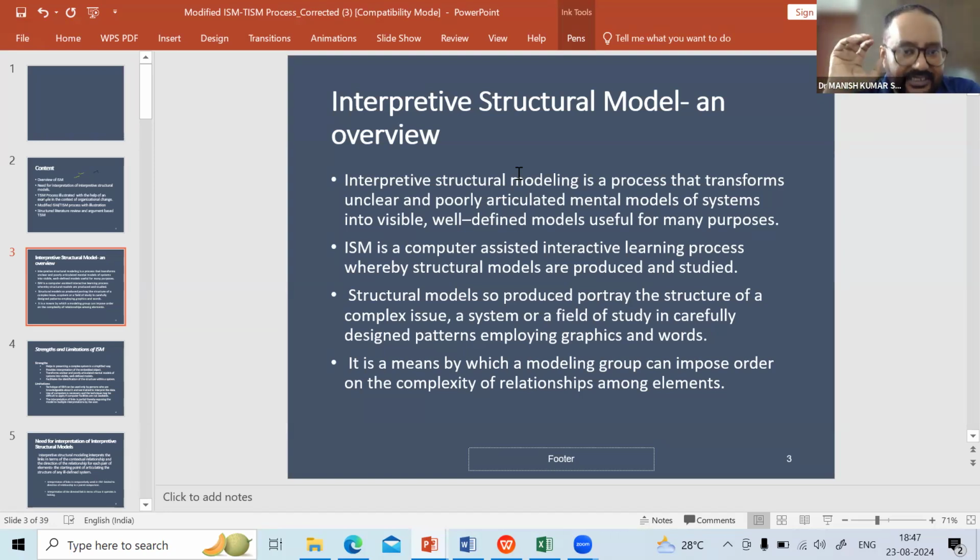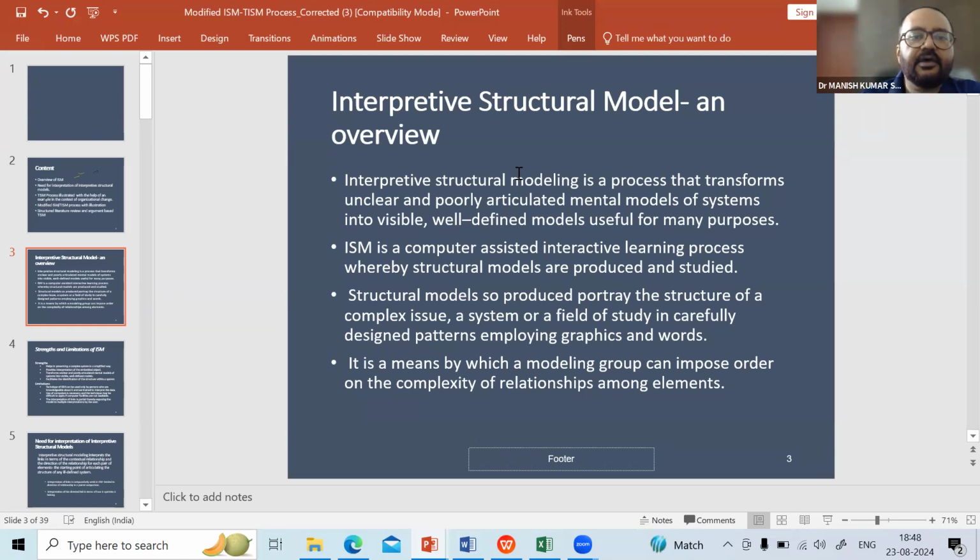We get the data from questionnaires, and sometimes we don't get pure data. If we don't get pure data, there will be a problem with the computer-assisted interactive software, and it will not produce the model. That's why Total Interpretive Structural Modeling gives you the opportunity to do it manually, because that software many a time does not come to a proper result.